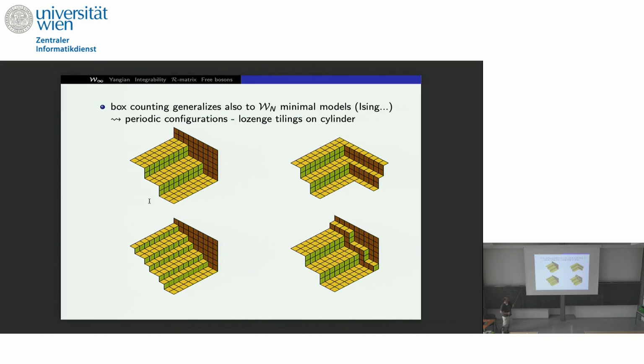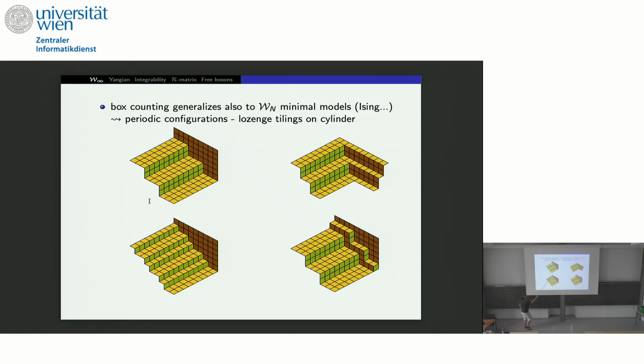Finally, this is just one strange picture, but I wanted to say that even the things that you are very familiar with, or at least some of you, like the minimal models of 2D CFT, like the Ising model or Lee-Yang or Potts or whatever, their characters also have quite a simple combinatorial interpretation, but in that case you have to consider periodic configurations of boxes.